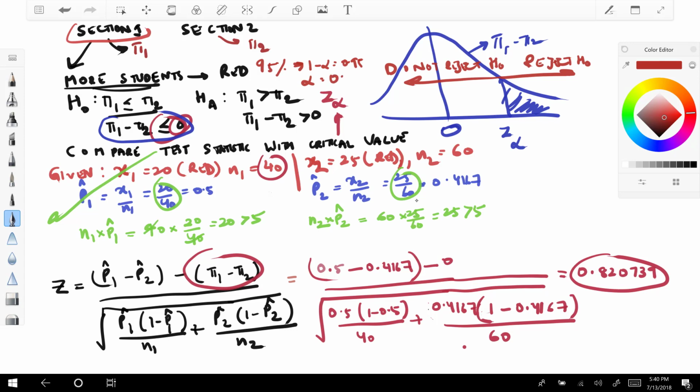We want the z value at 0.05. As you know, our z table always gives you the left side of the curve.